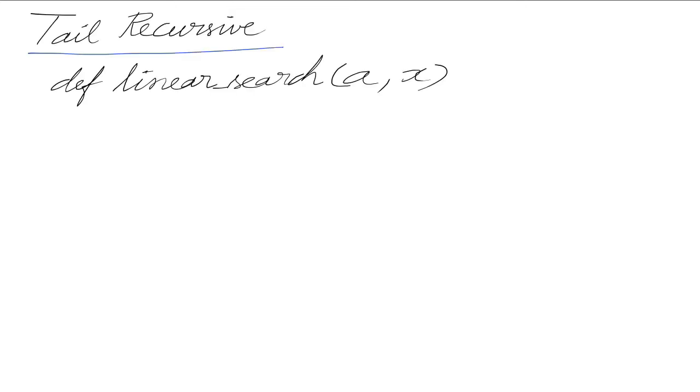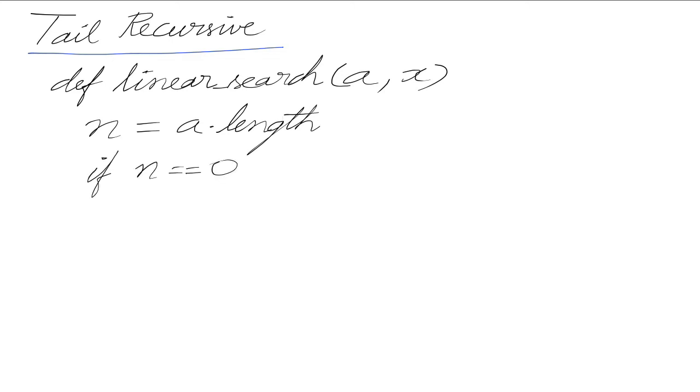Let's look at a tail recursive algorithm. The method takes two parameters, the array A and the element x that we want to search in that array. We first find the length of the list, and if the length is 0, we return -1 to indicate we did not find the element in the list.